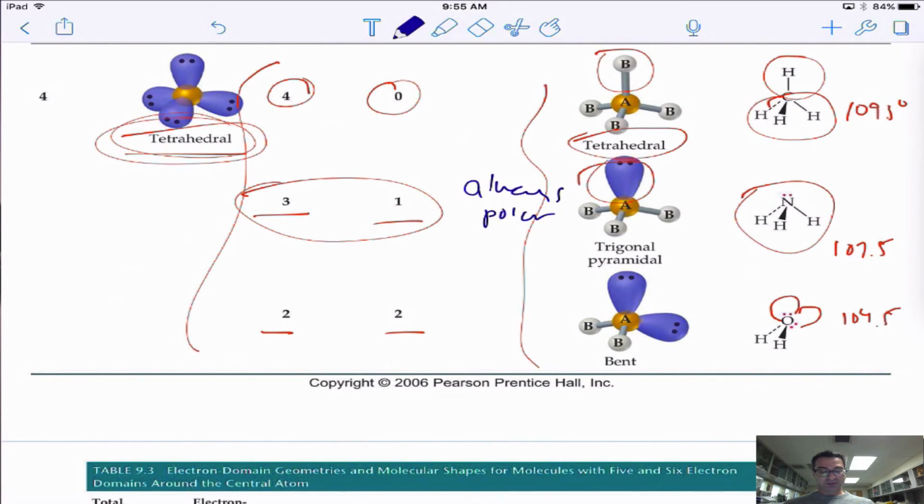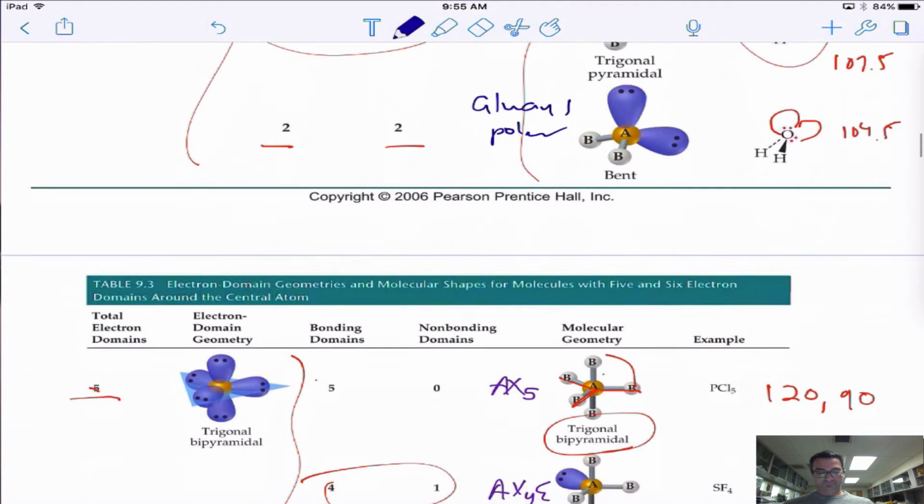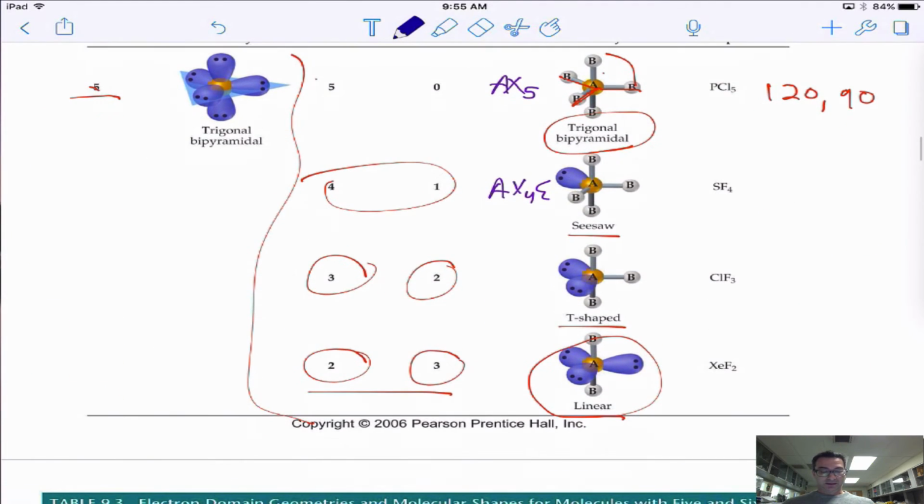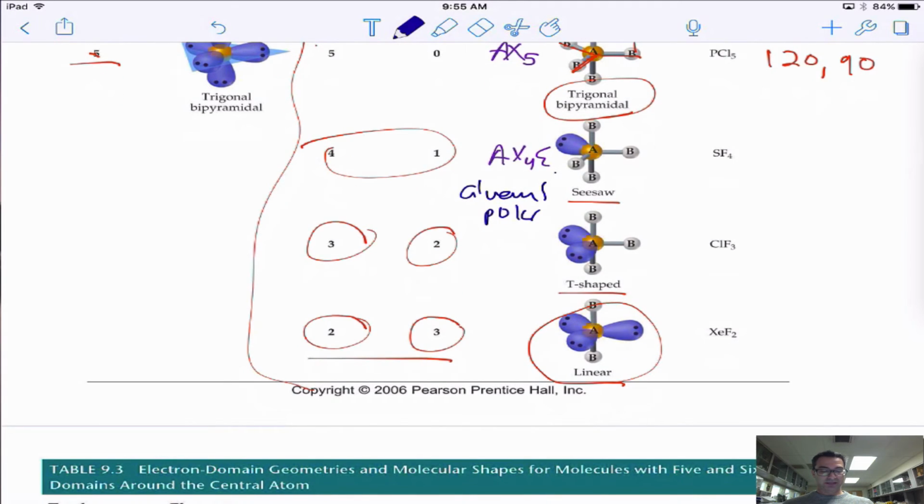Something that's bent with two electron pairs, they're on the same side, they're creating asymmetry, always polar. Seesaw, always polar. T-shaped, electrons on the same side, always polar.